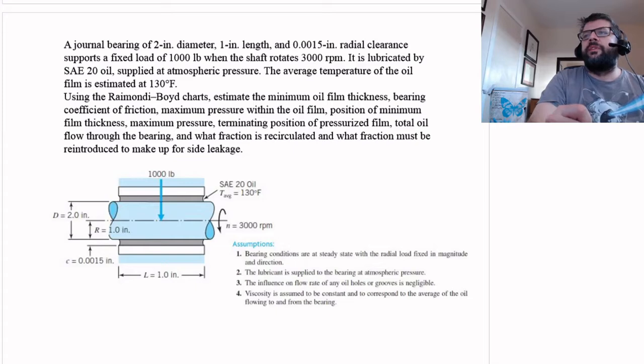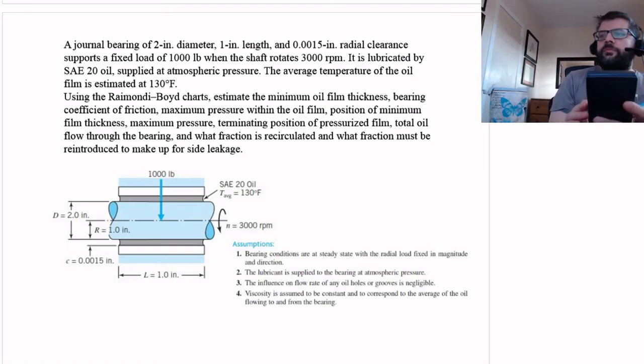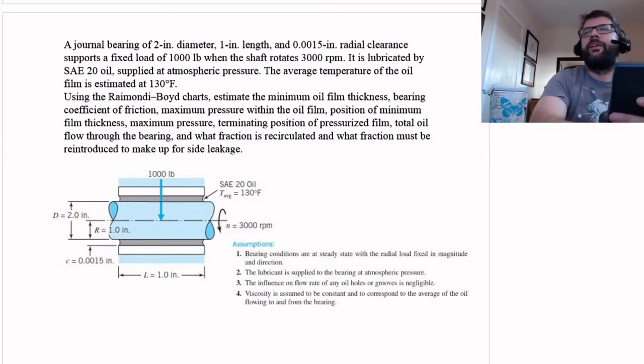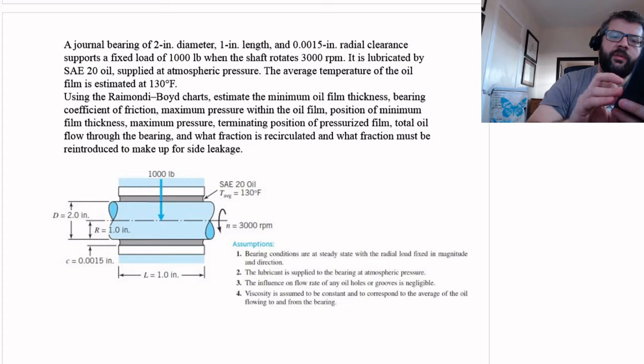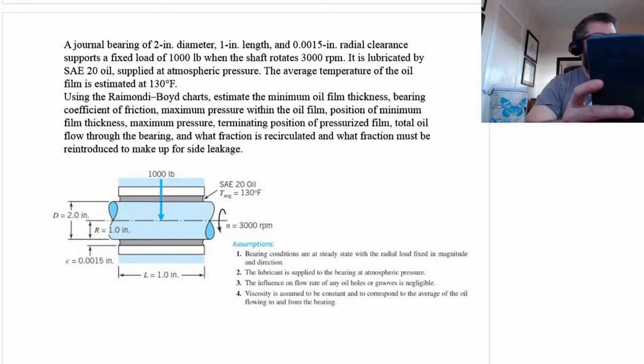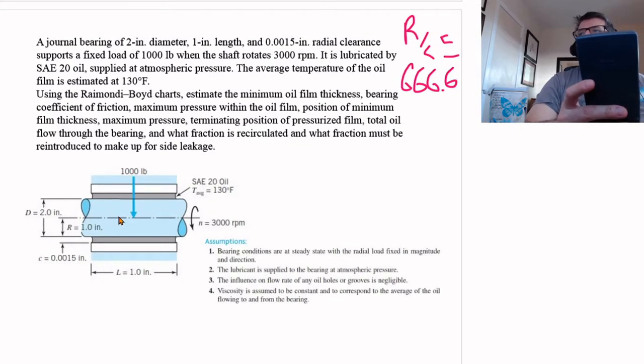If we have 0.0015 inches of radial clearance, let's figure out what our R/C is. The radius is 1 inch, and our radial clearance is 0.0015. That'll be 666.6 for R/C.